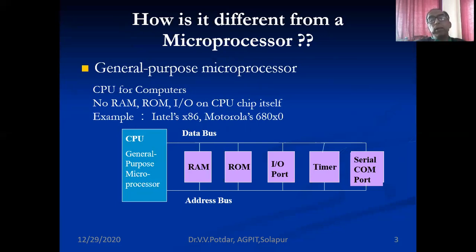For microprocessors, we have Motorola's 68000 series and Intel's 8085, 8086, then 80286, 80386, 80486, and then Pentium 80586. So in a microprocessor, we have a central processing unit of a general purpose microprocessor, then a separate data bus and a separate address bus, and all the peripherals need to be attached separately: RAM, ROM, input output port, timer, and serial communication port.